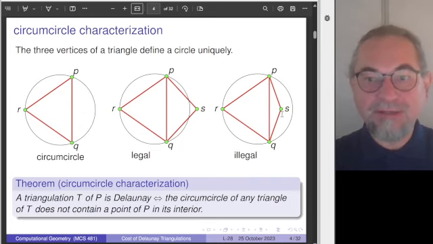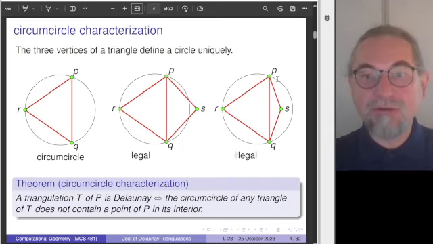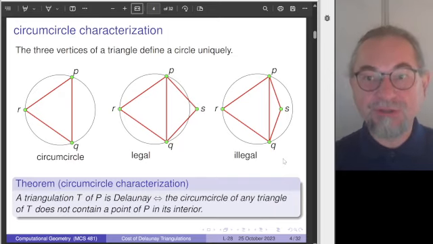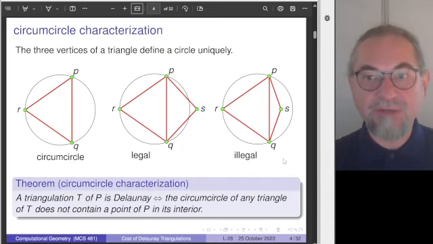If it lies inside the circle, then it is illegal because we can obtain a better triangulation by flipping the edge PQ by the edge RS. So this is the application of the circle theorem of Thales that we have covered in an earlier lecture.